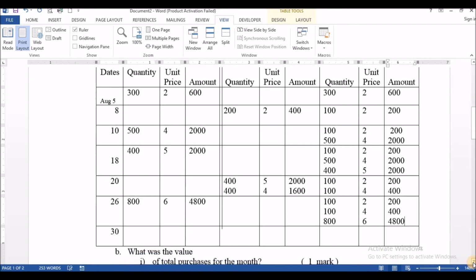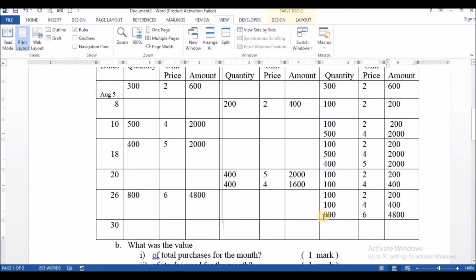So on the 30th we did sell 800 units, so we're going to sell all this. So it would be 800 at 6, which is 4,800, and then our balance would be 100 at 2, which is 200, and another 100 at 4, which is $400.